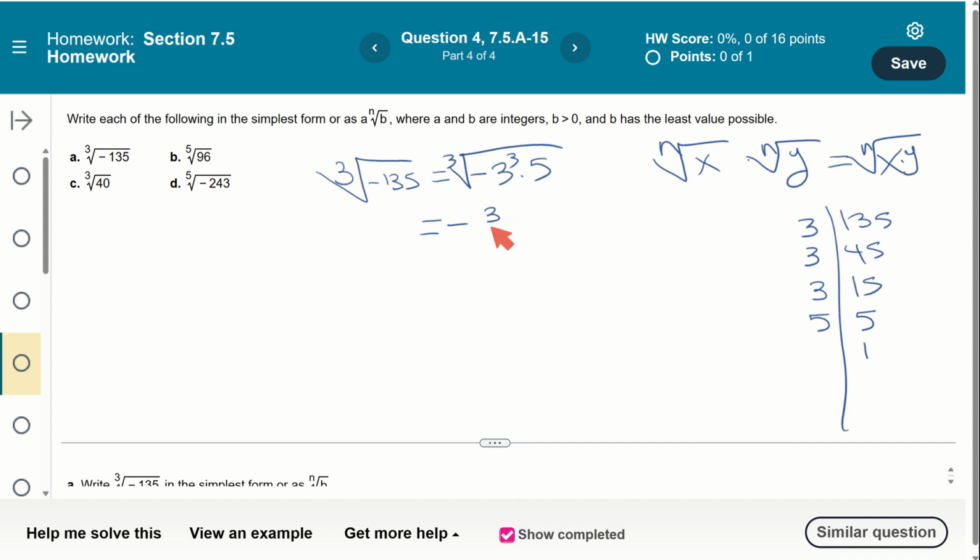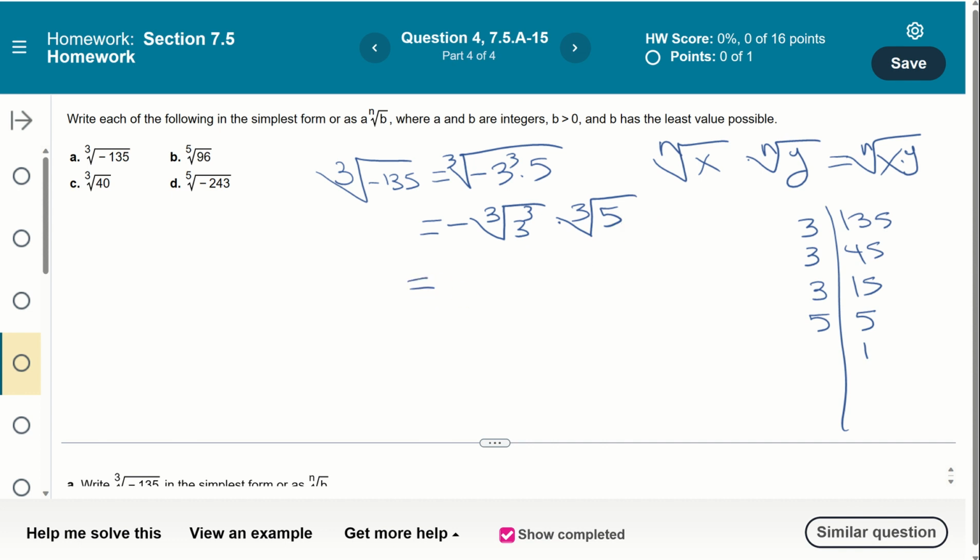I can break this up now under one radical. I'm going to use this rule in reverse. So I have the nth root of a product, and I want to write it as the product of the nth roots. So I'm going to say times the cube root of 5. Notice that I put the perfect cube part under this radical, and I kept the part that's not a perfect cube in the next radical.